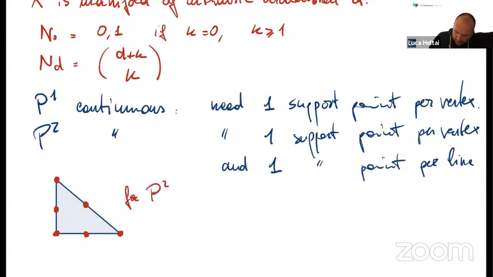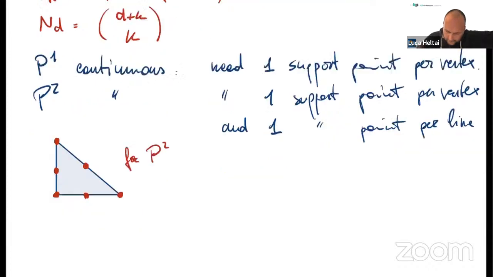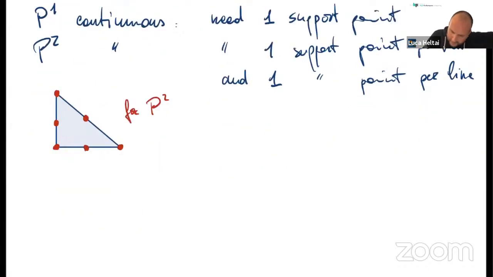Okay. In order to have points inside the triangles in 2 dimensions, for example, you need to go up to P3. We have P3, then P3, you have one support point per vertex that exhausts 3 degrees of freedom.